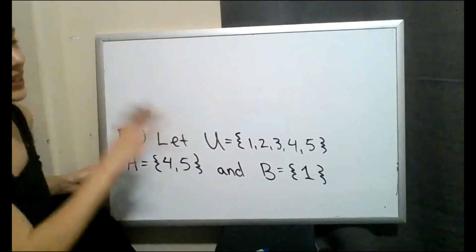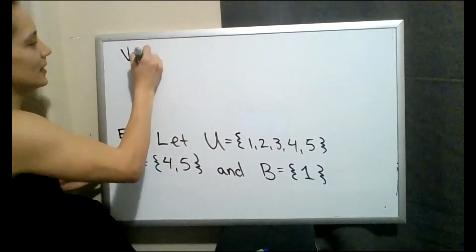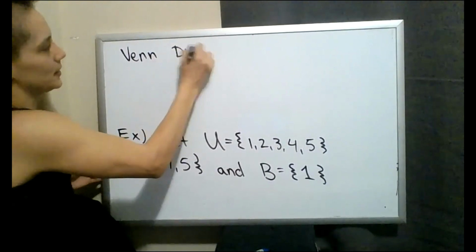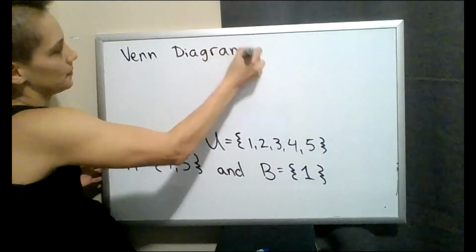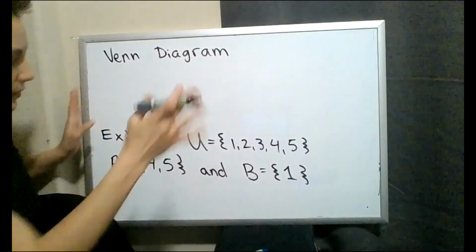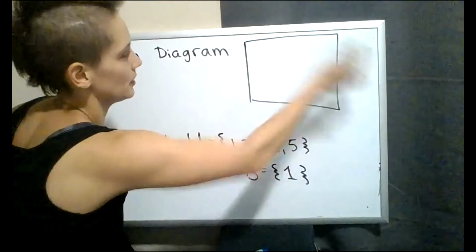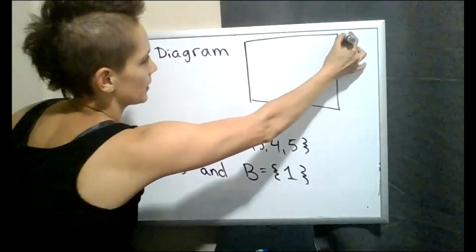Oh yeah, let's go back. Picture your Venn diagram. We start with a big universe, and label it somewhere.